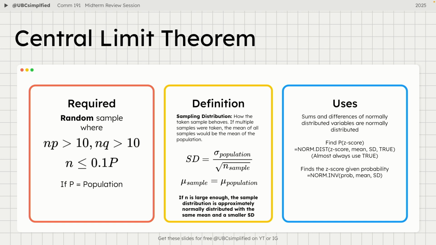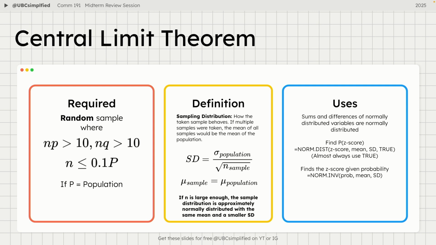That's one important aspect, which means that the center of the distribution is going to be the mean of the population.